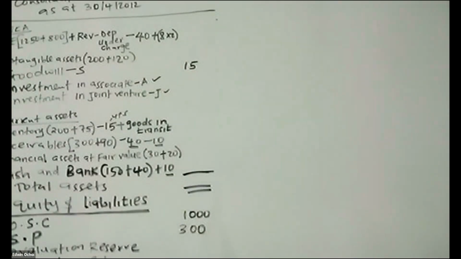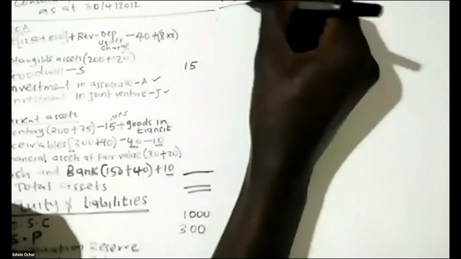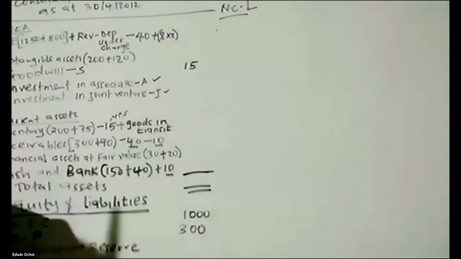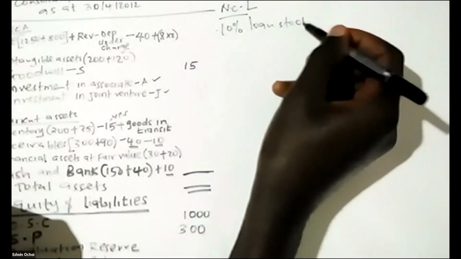So the other thing which was remaining is just the one I've talked about right now, non-current liabilities. For the non-current liabilities, we are supposed to take 10% loan stock.